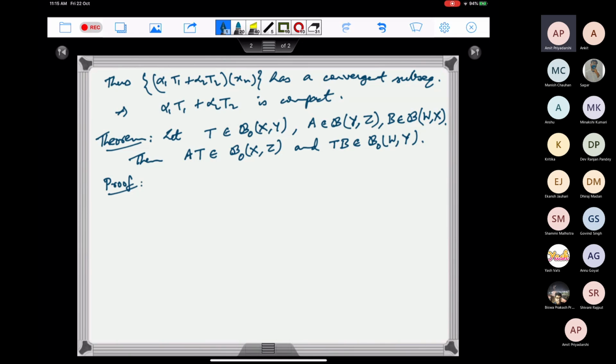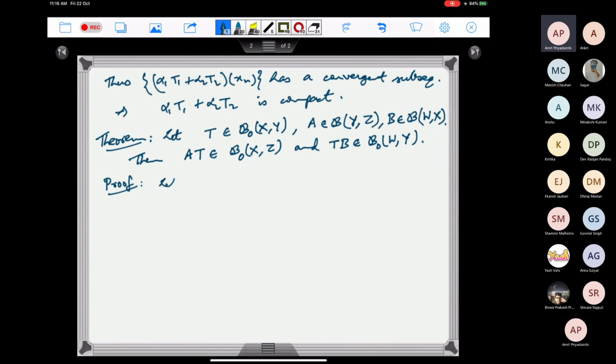So let's try to prove that AT is a compact operator. Again for this, either you can show that the closure of the unit ball is compact, or you can use the sequential criteria. So let's use the sequential criteria.